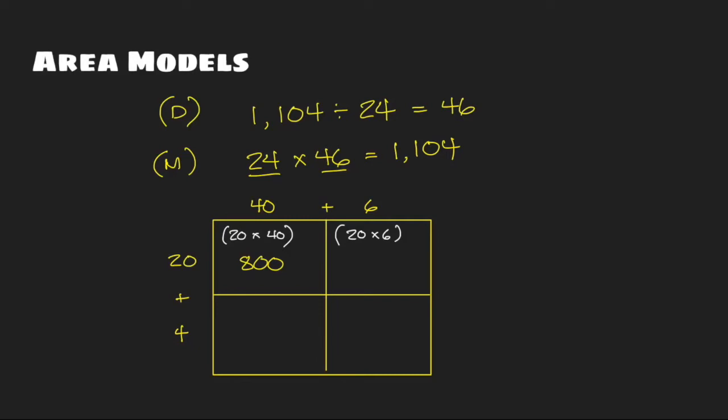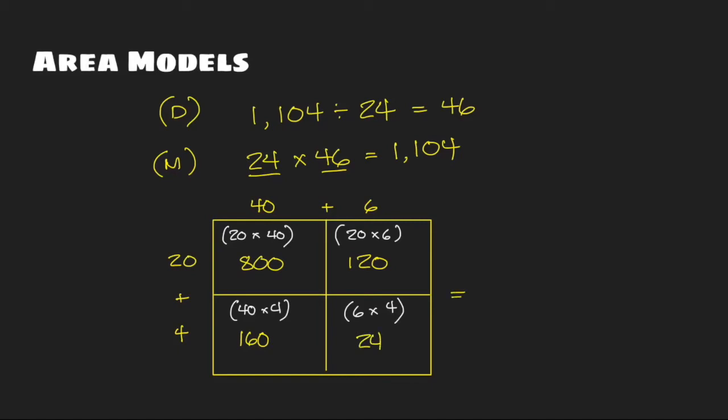So 20 times 6, this is 120. Then here is 40 times 4, which would be 160. Then this one is 6 times 4, which is 24.